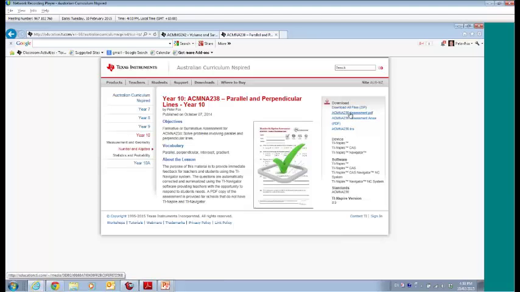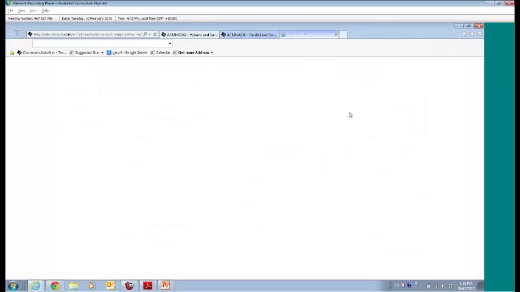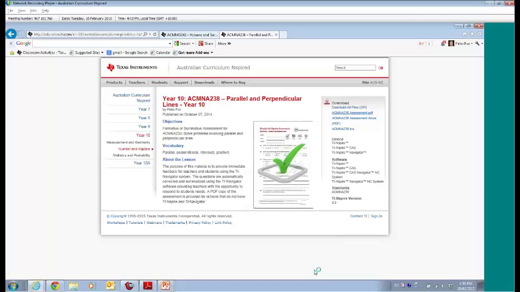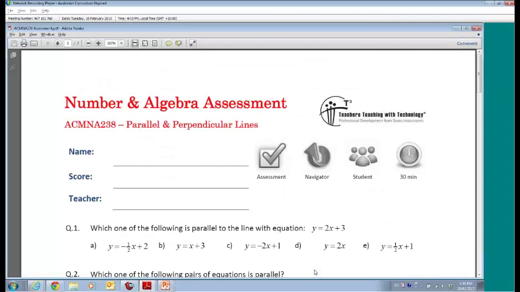On the other hand, for those teachers that are not even using Nspire but just interested in what's going on or want to do some assessments, I'm opening up that PDF at the moment, and you're allowed to photocopy these questions and hand them out to your students and collect them. They're basically just a simple test, and these are exactly the same questions that come up in the Nspire file.